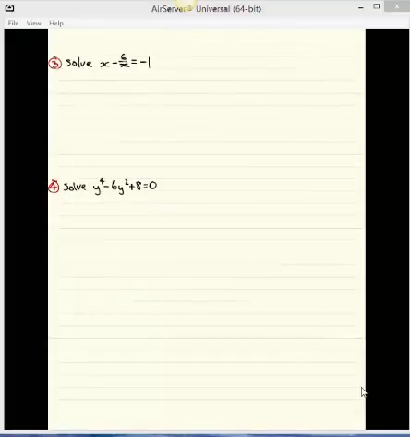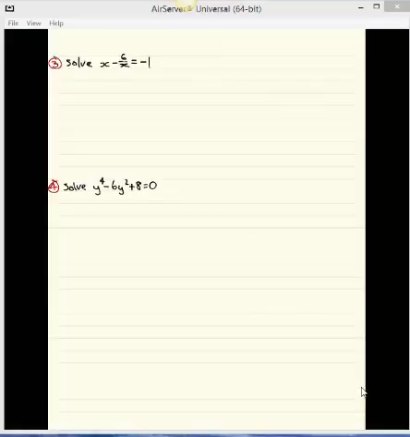Something slightly different, we've got x minus 6 over x equals negative 1. Now, the only condition you're going to have on this equation is x can't equal 0, because 6 over 0 is undefined. Alright, so because we know that it's not equal to 0, what we can do is then multiply through by x to get rid of the fraction.